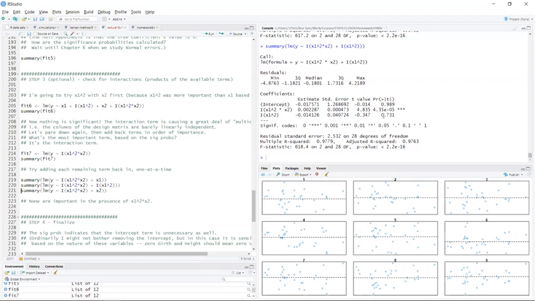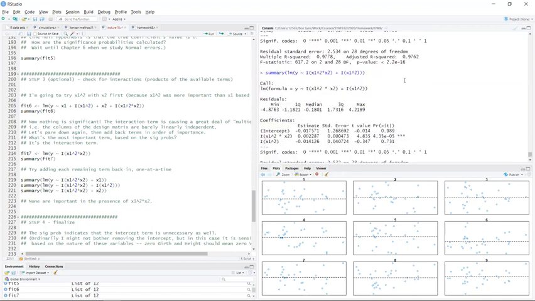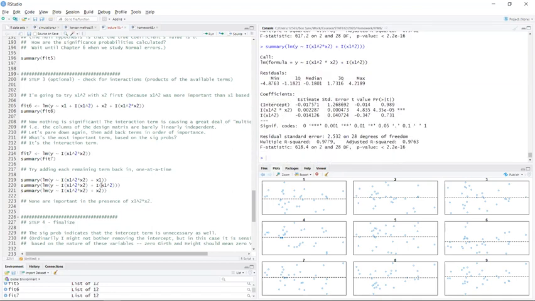I realized that I was seeing the exact same significance probability. So I forgot to use the I, which protects x1 squared. If you don't use the I, then it's going to interpret what you're doing differently. I means square the x1 values, then use that as the explanatory variable, as the term. So okay, that x1 squared is not important.